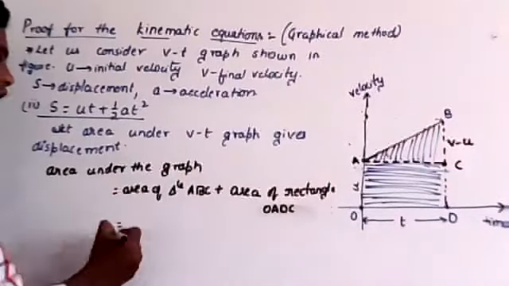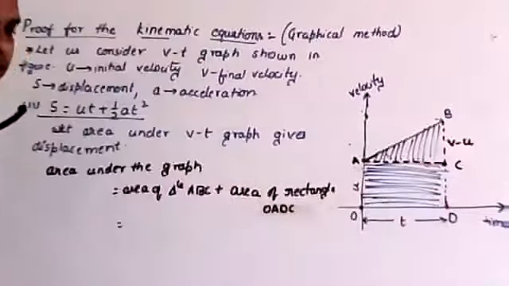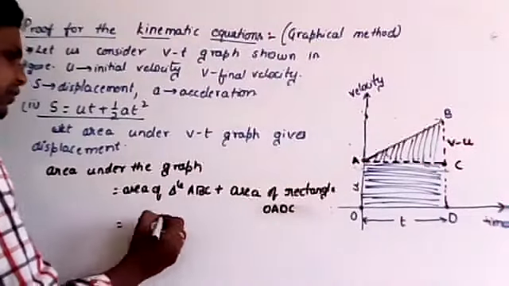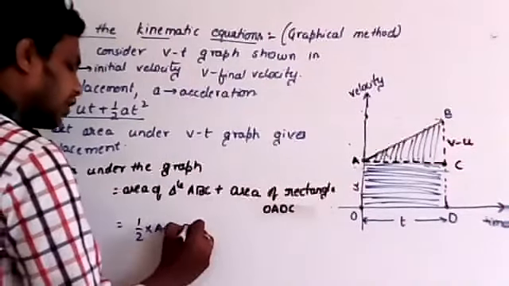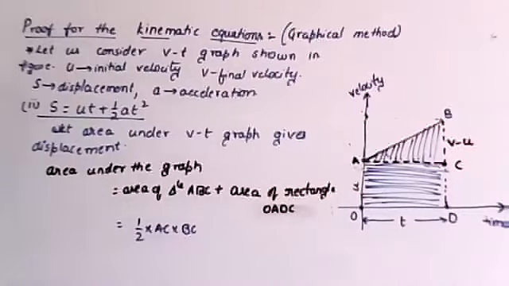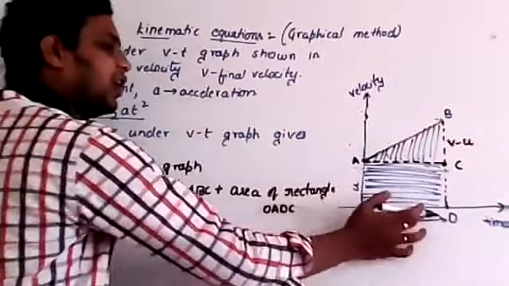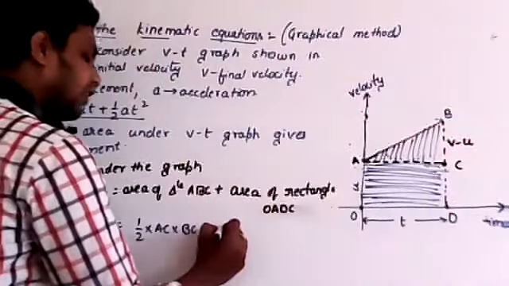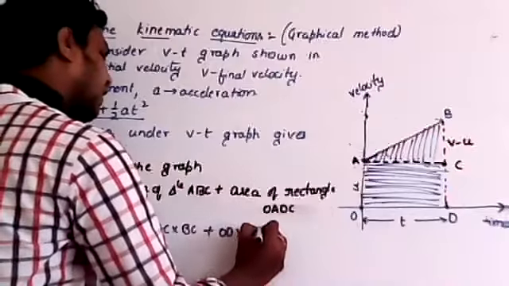Now what is the area of a triangle? For the area of triangle ABC, half into base, base is nothing but AC, into height, which is nothing but BC. Now the area of the rectangle is length into breadth. Length is taken as OD, and breadth is taken as OA.